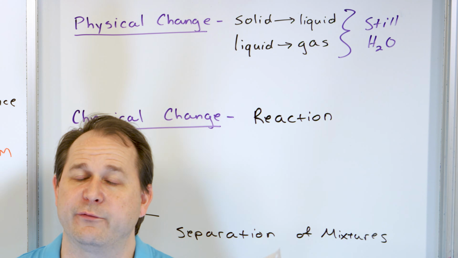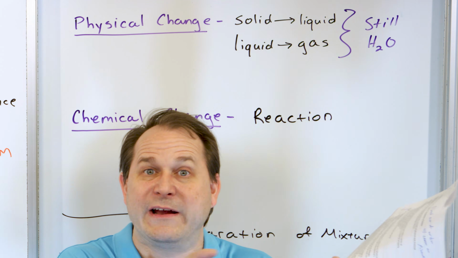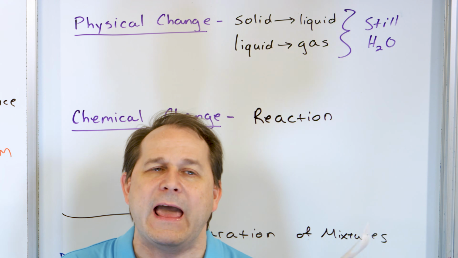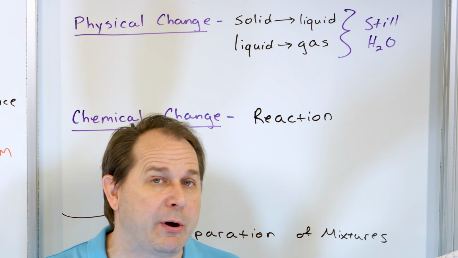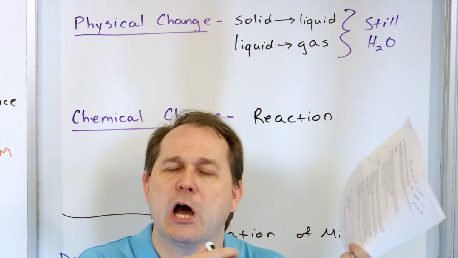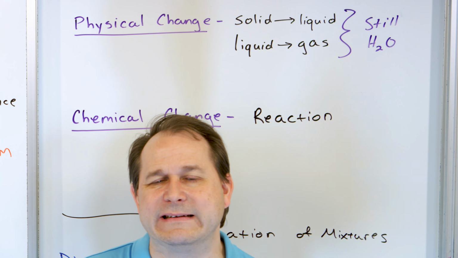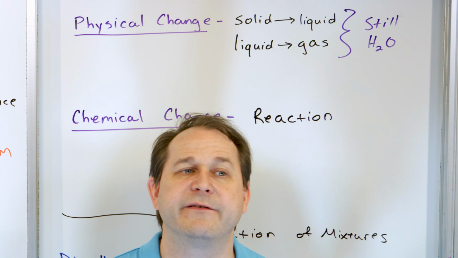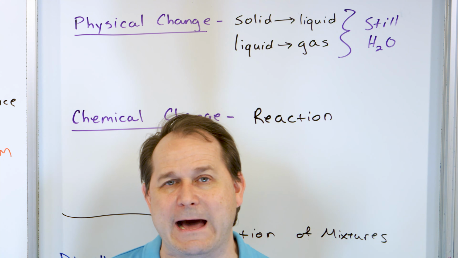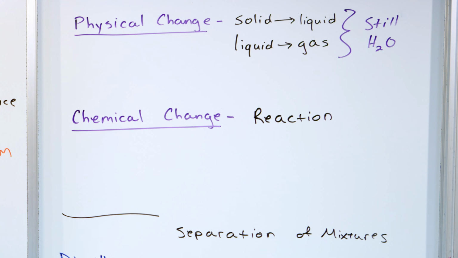A chemical reaction is when you mix two or more things together, some electron transfer or sharing happens, and because of that, you get bonding, or sometimes things can break apart, and so the products you get might be combinations of the reactants, the things that you mix together, and you may have new substances formed. But those are chemical changes because there's electron transfer or sharing happening, causing things to be bonded together. We'll talk a whole lot more about that, but that is in general what a chemical reaction is.